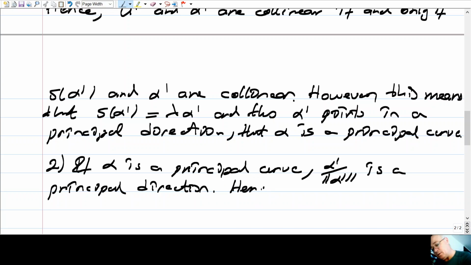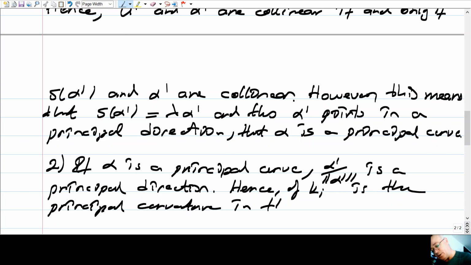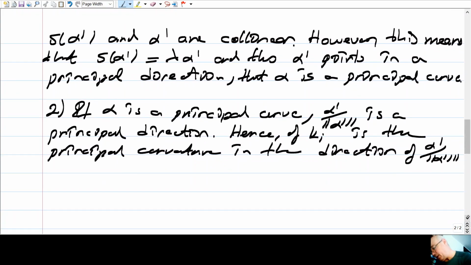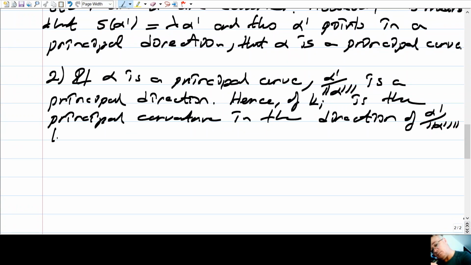Hence, if k is the principal curvature in the direction of alpha prime over the norm of alpha prime, which is the principal direction, then we see this. The shape operator along this principal direction is just k times the principal direction.